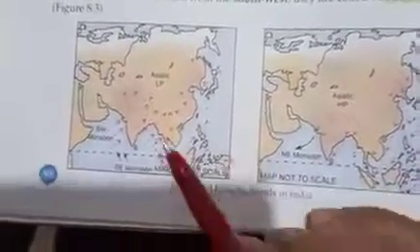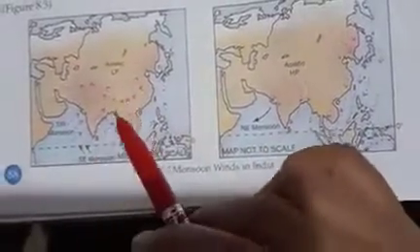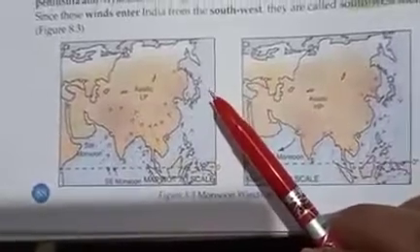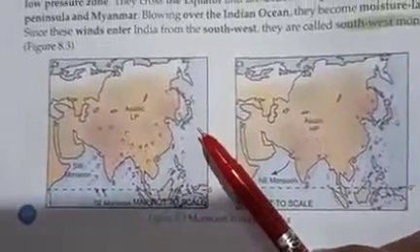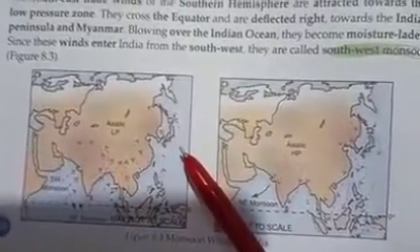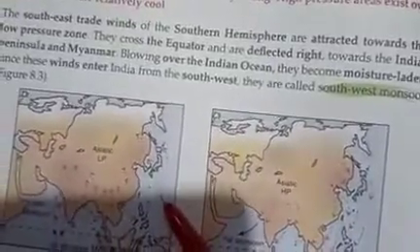Blowing over, they enter India and Myanmar. Blowing over the Indian Ocean, they become moisture laden. Since these winds enter India from the southwest, they are called southwest monsoon.